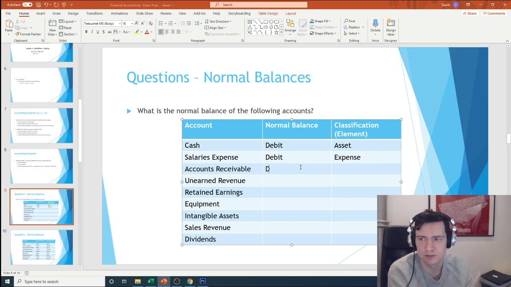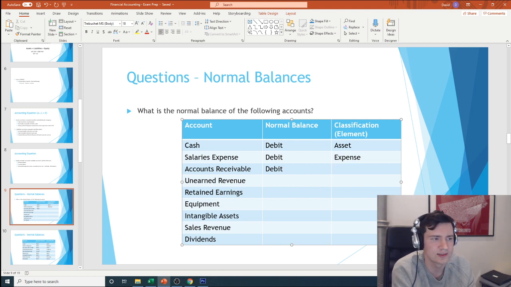So accounts receivable is going to have a normal balance of a debit because it's an asset, and the classification is going to be an asset. Unearned revenue, this one's always a fun one. So now we're on to unearned revenue.